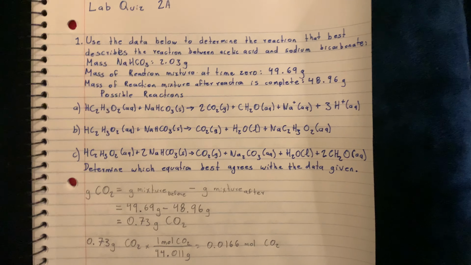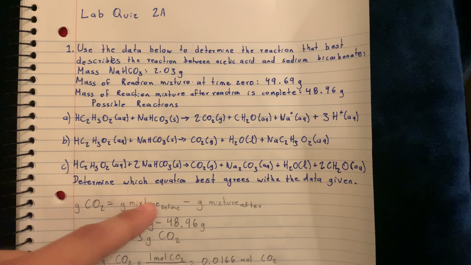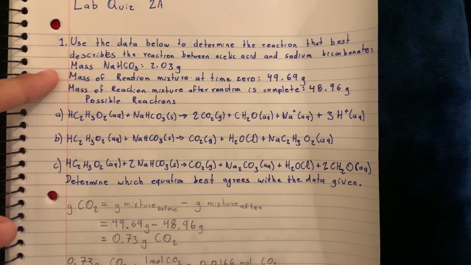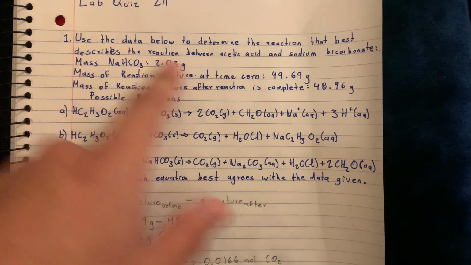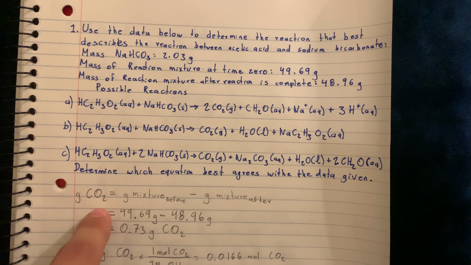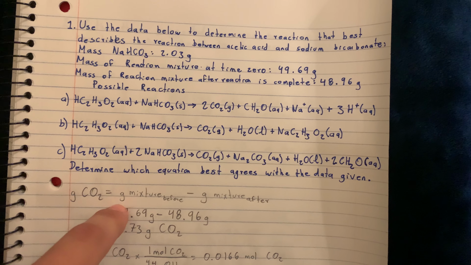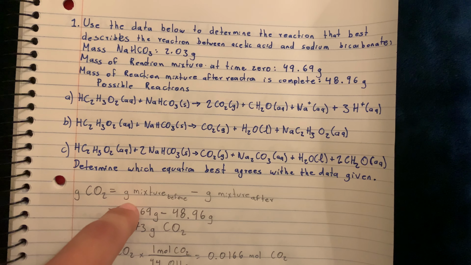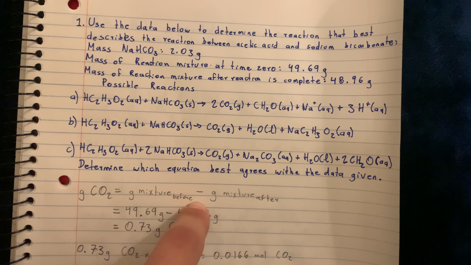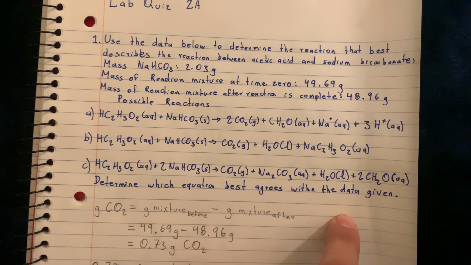For this quiz question, I'm asked to determine which equation best agrees with the data given. With all of this given, I found the grams of carbon dioxide produced by the reaction. To get that, I did the grams of mixture before minus the grams of the mixture after the reaction.